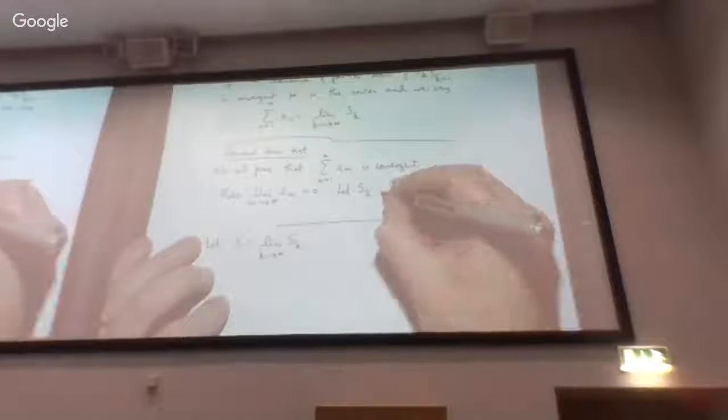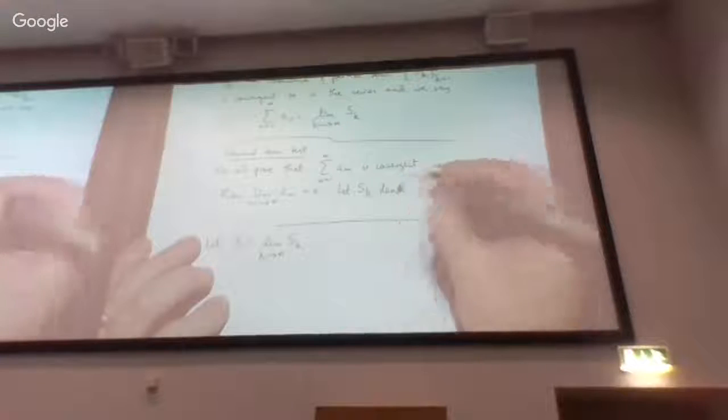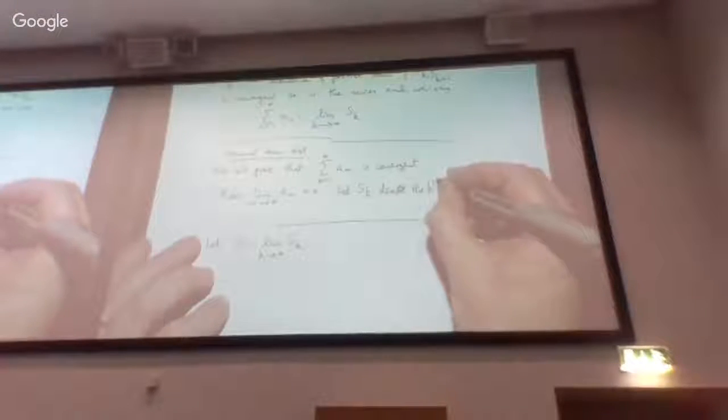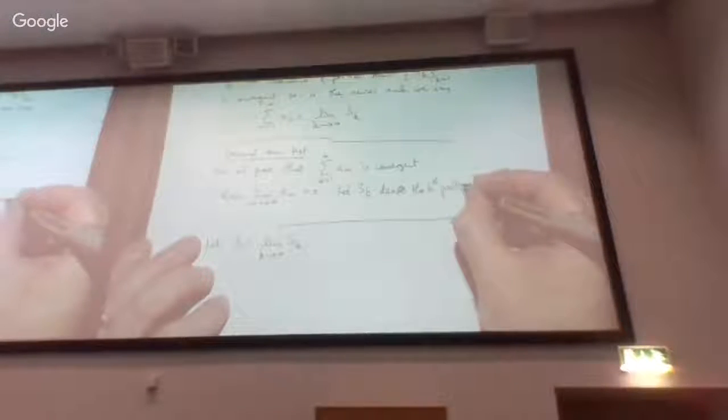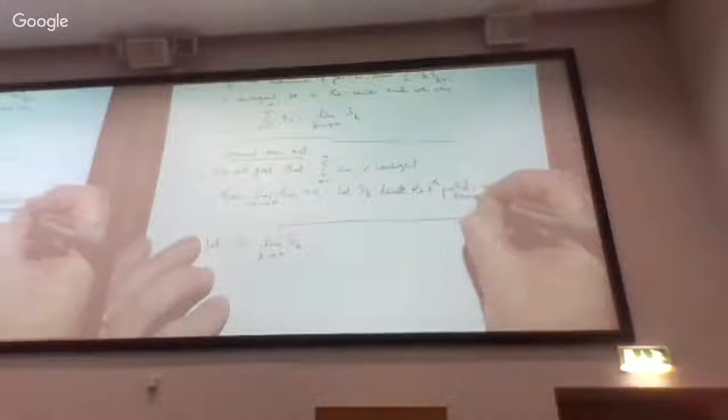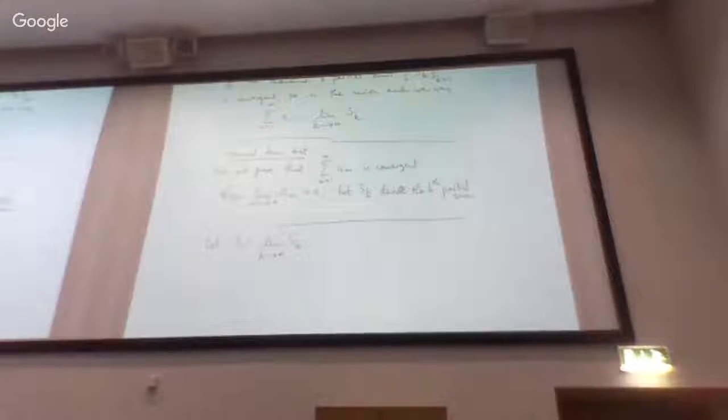So let Sk denote the k-th partial sum of this infinite series. We let capital S be the limit of that, okay, because we're assuming that the series is convergent.